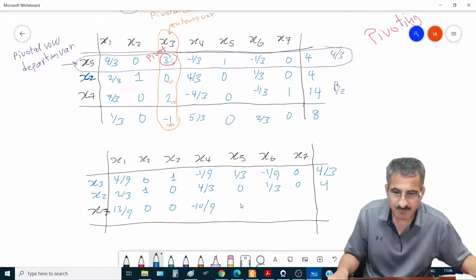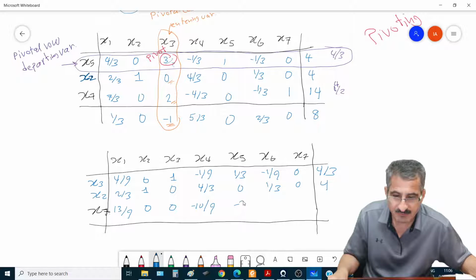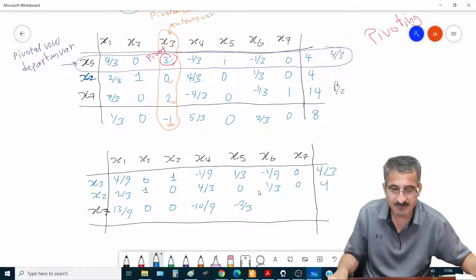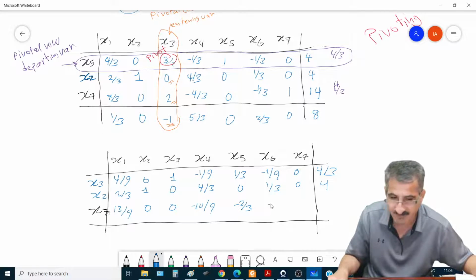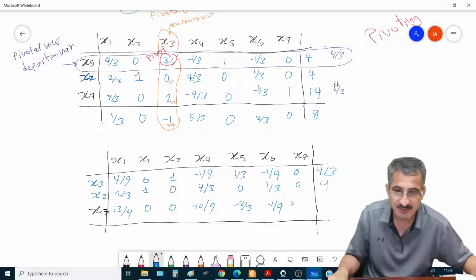Now 1 over 3 multiplied by negative 2, negative 2 over 3 added to 0, I get this. Negative 1 over 9 multiplied by negative 2, I get 2 over 9 added to negative 1 over 3, which is negative 3 over 9. I have negative 2 over 9, so I have negative 1 over 9 here.